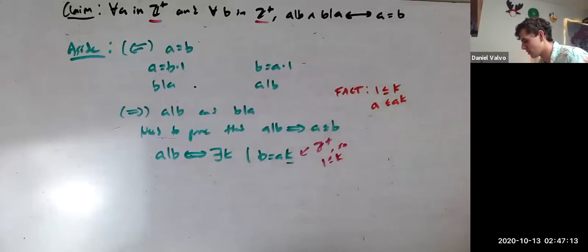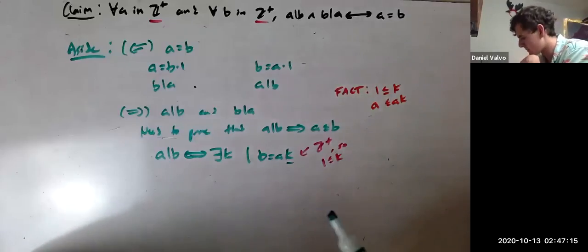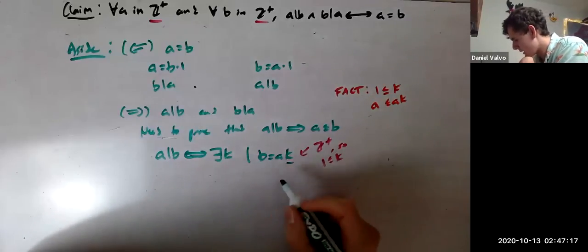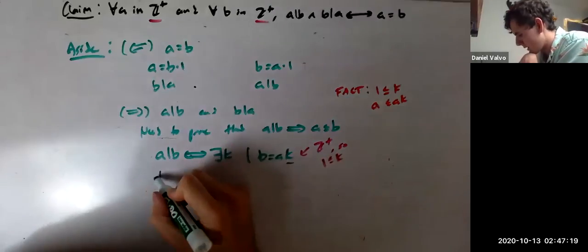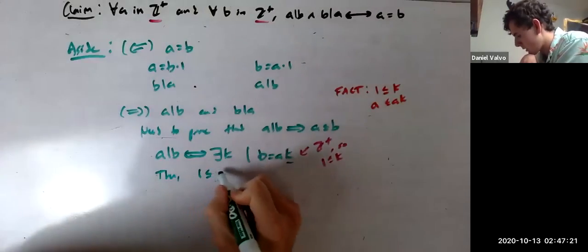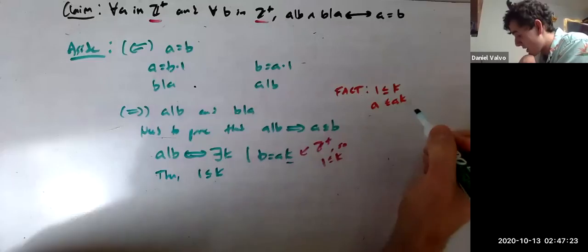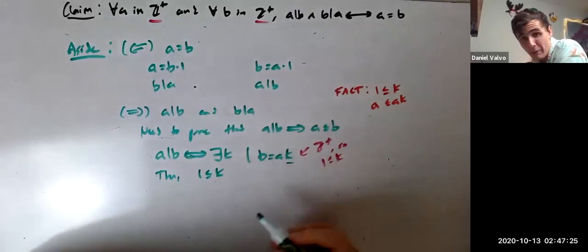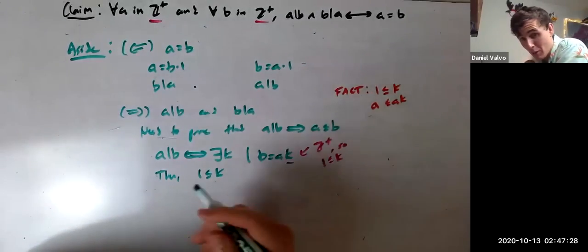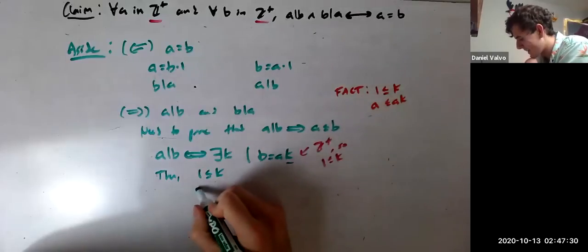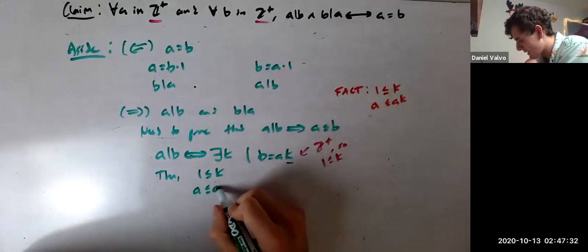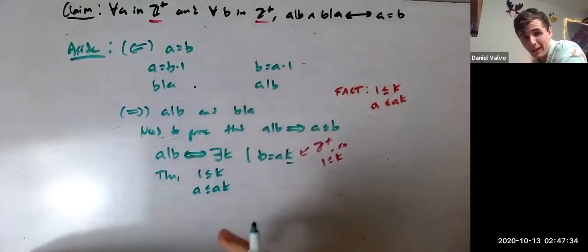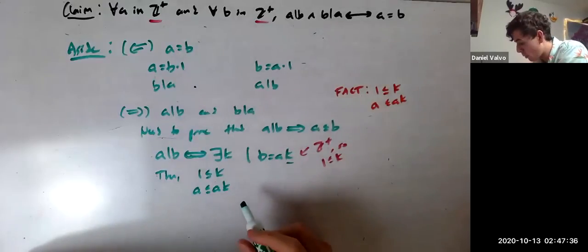But if 1 is less than or equal to K, here's what that means. If we multiply both sides by A, which we can do because A is positive, so we don't flip the inequality, we get that A is less than or equal to AK. And what does AK equal?